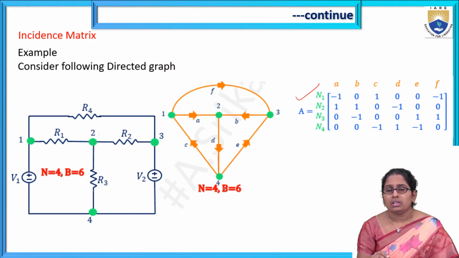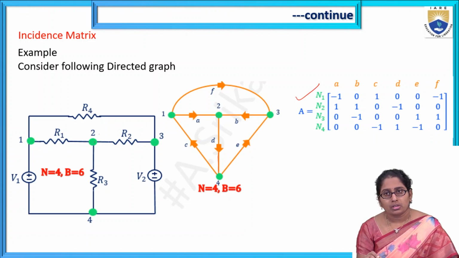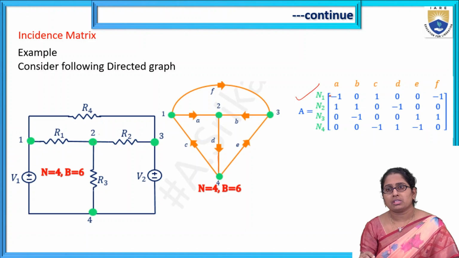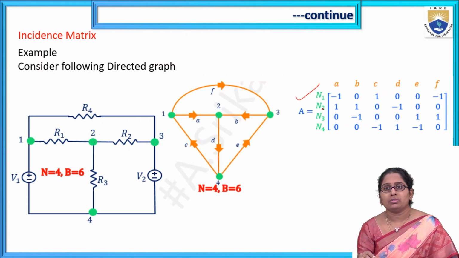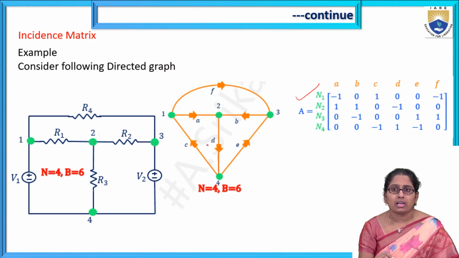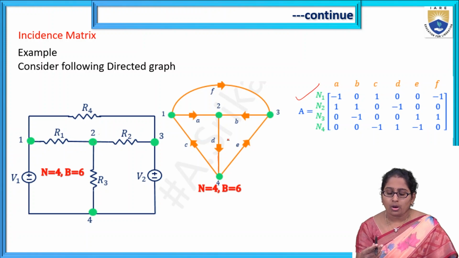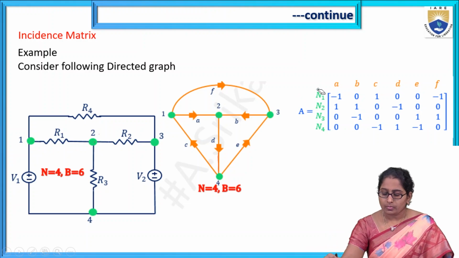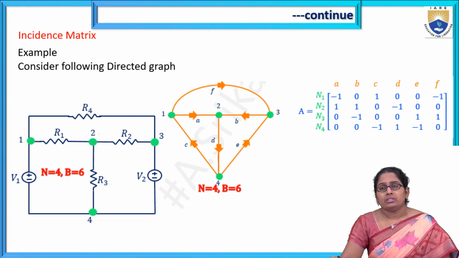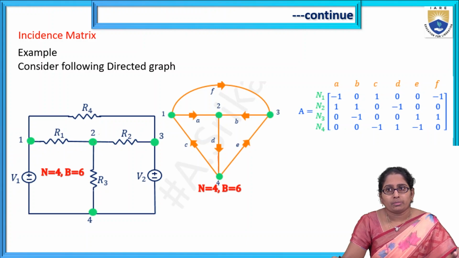Accordingly, we take the number of nodes, and by looking at the values, we can see which branch is connected to which node. Based on that, we can draw the branches along with the directions. So that is how we can draw the graph from a given incidence matrix. So that is about the incidence matrix.